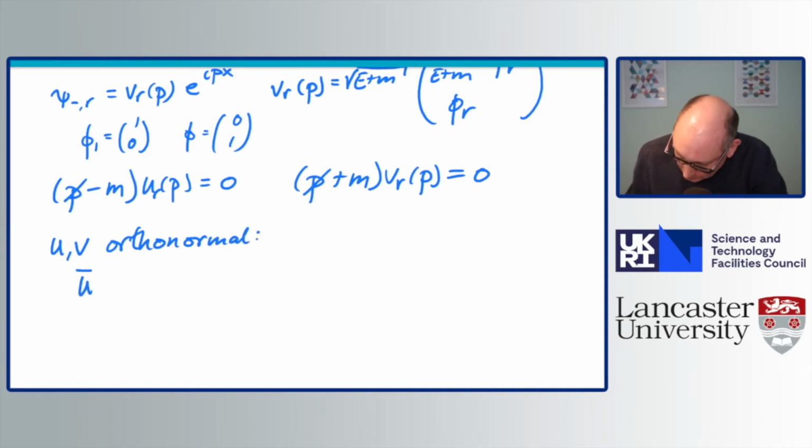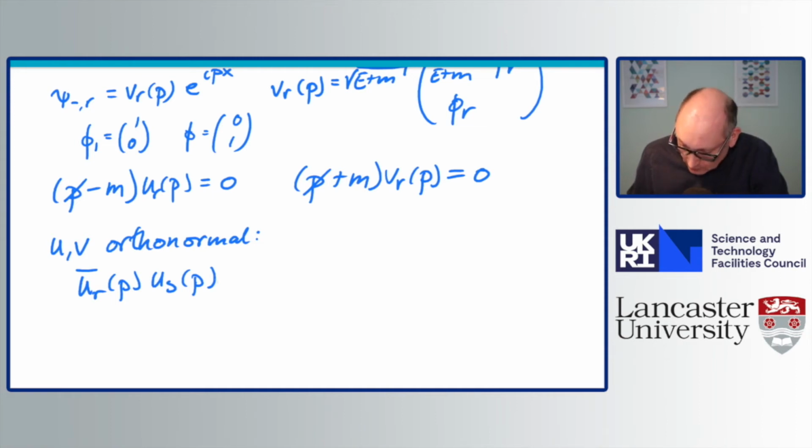So u bar r of p u s of p. Remembering u bar is a row vector, the unbarred are column vectors.